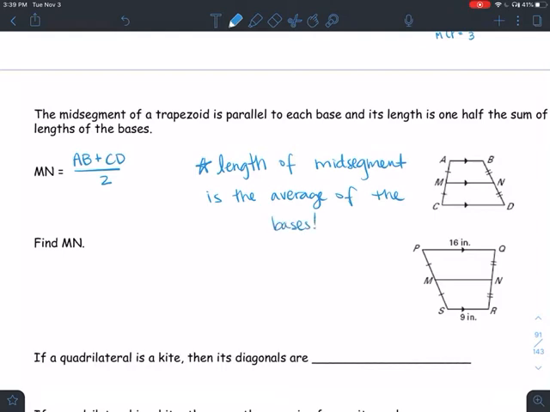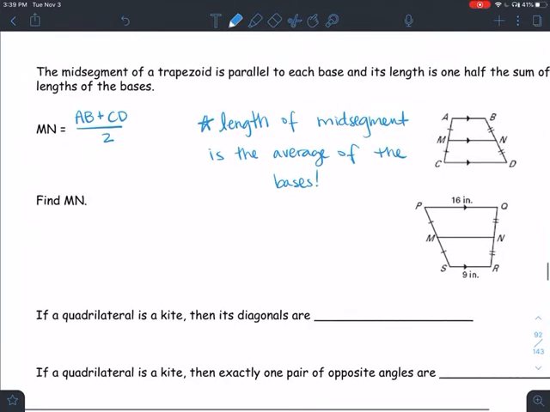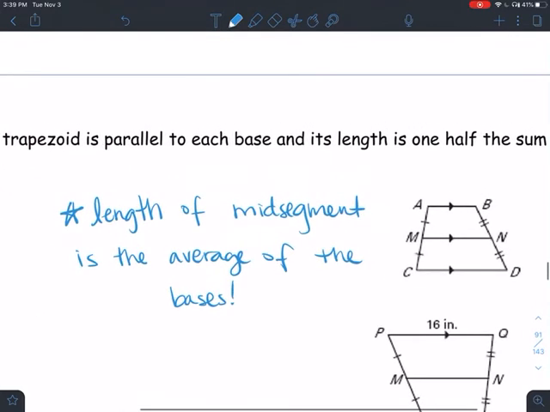So think back to our triangle and our triangle mid-segment. If we had a triangle and we wanted to find the length of its mid-segment, remember that it was half of the base. So if you think about that same thought process, doesn't this top base have a value of 0?